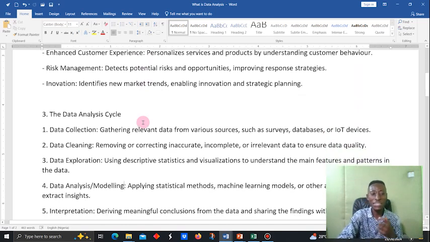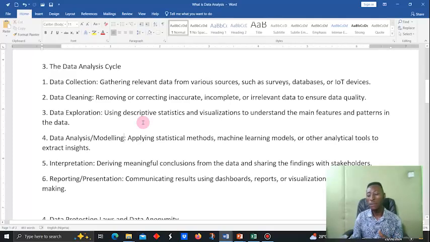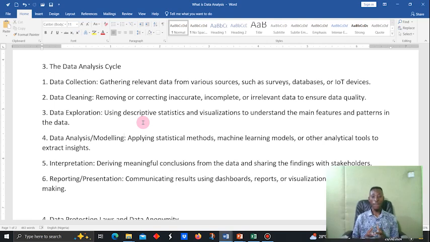Now, what is the data analysis cycle? First of all, you need to collect the data. This is the aspect where you gather relevant data from various sources. This can be through surveys, databases, or IoT devices, the Internet of Things. You can gather information from various means. Now, data cleaning.